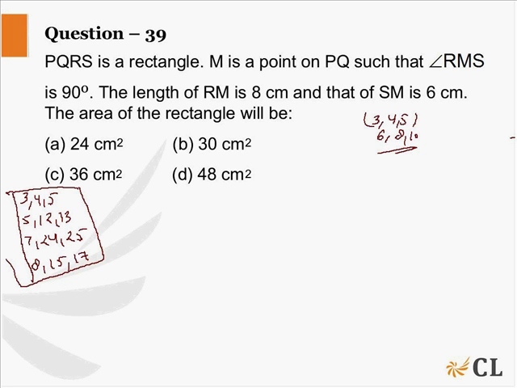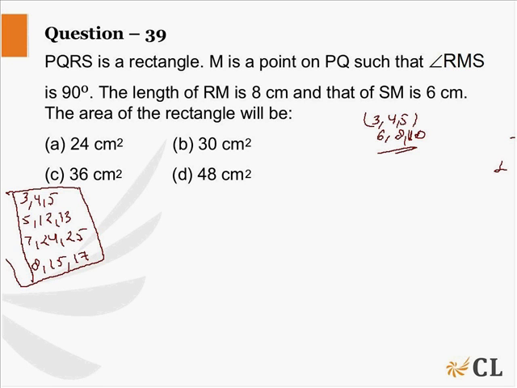The questions based on Pythagoras theorem are of either these triplets or their multiples, right? So you can straight away use these in a right-angled triangle. Okay, so this is 10.